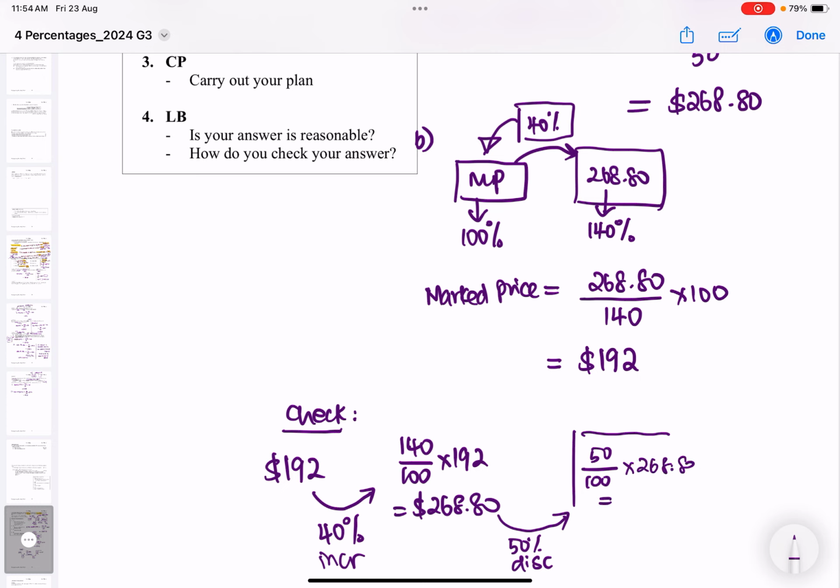So the resulting amount is in fact 134.40. So it's very easy for us to quickly check whether the answer we have gotten makes sense in the given context. So these are the questions on applications of percentage on problems involving profit, loss and discount.